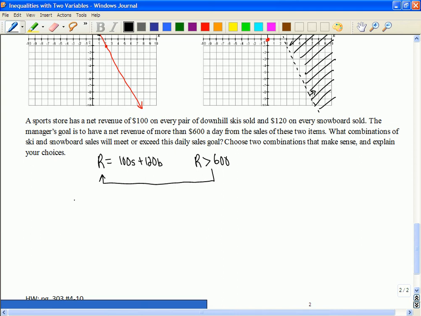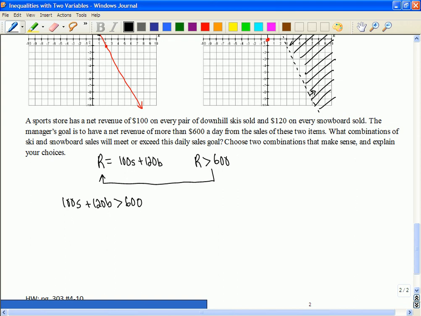The manager is saying, I need 100 times the number of skis we sell plus 120 times the number of snowboards to be greater than the $600. In this case, it says more than $600, so we would just say greater. Now, what kind of numbers do you think we're dealing with in this solution?